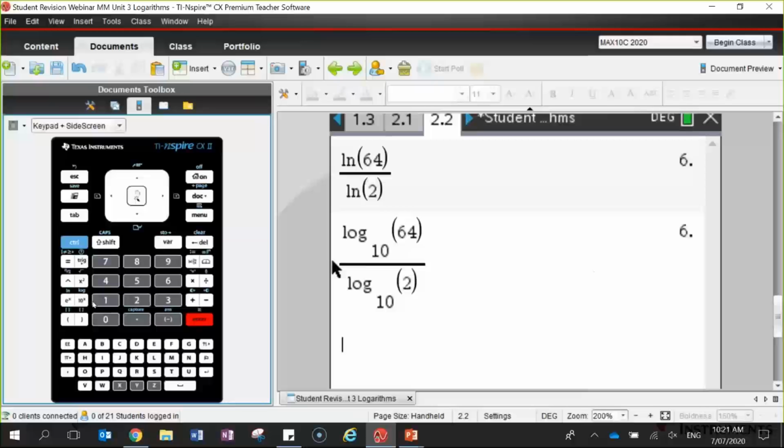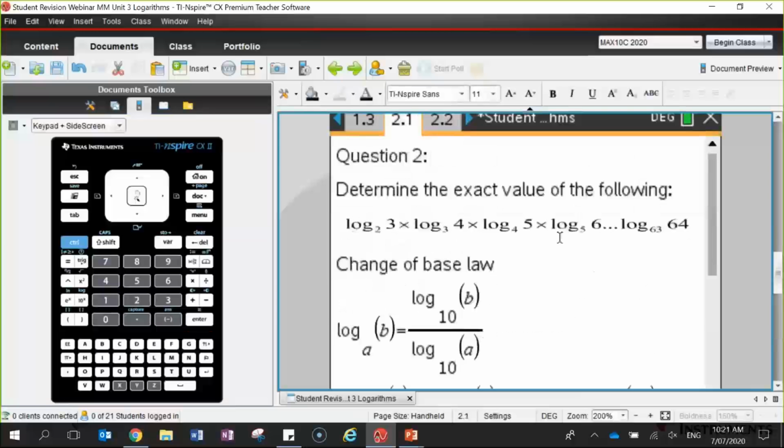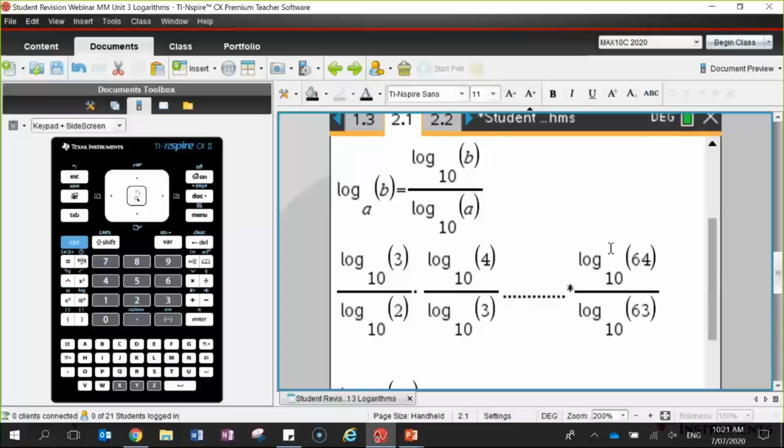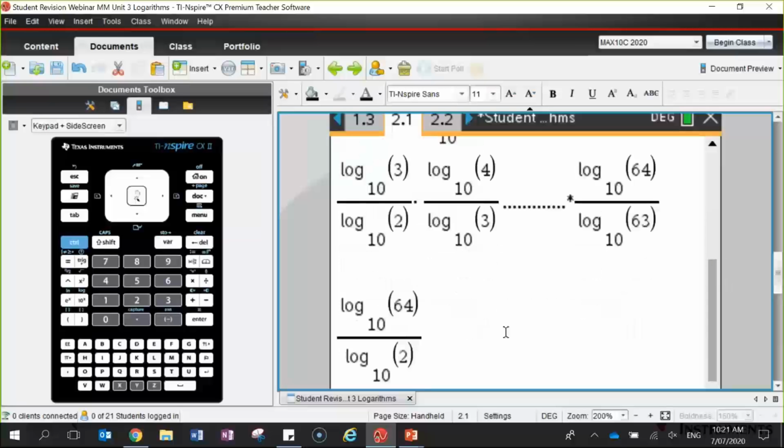So it's actually a really, really easy question. Again, that would be a simple, familiar question. It may be worth 2 marks, maybe 3. Realistically, your marks are going to be for recognising that you're using the change of base law, for cancelling all of those fractions and recognising that you just need your final numerator, your final denominator, and it cancels down very easily.